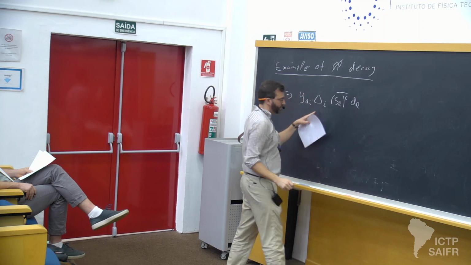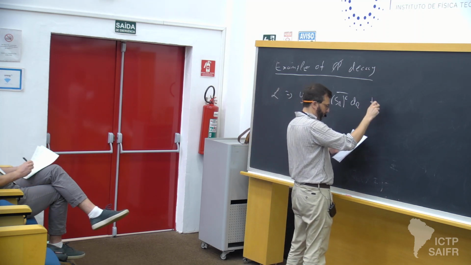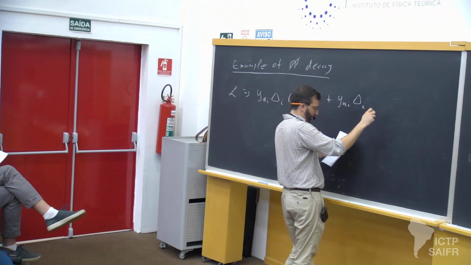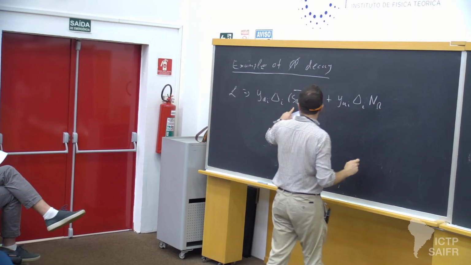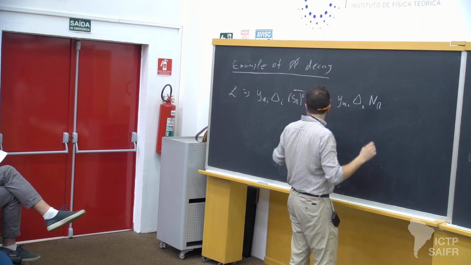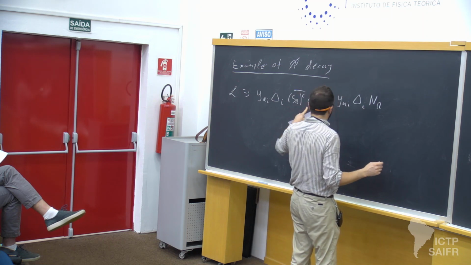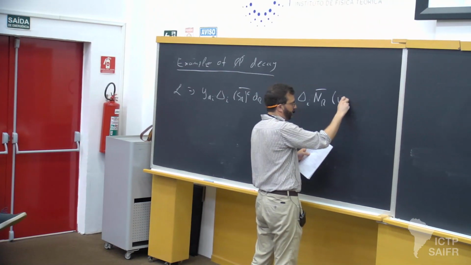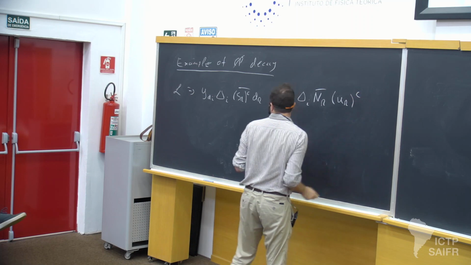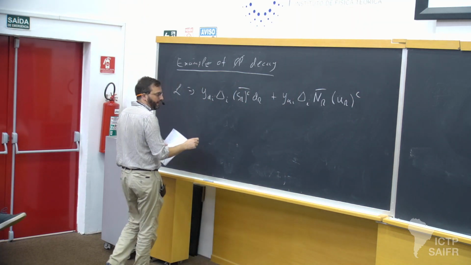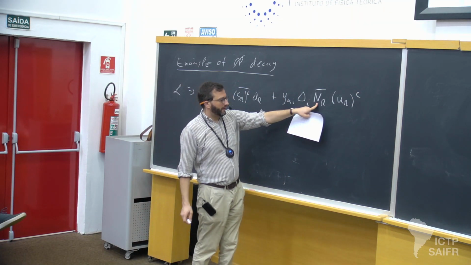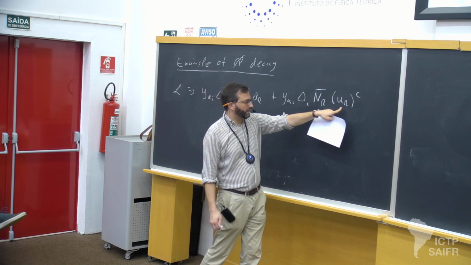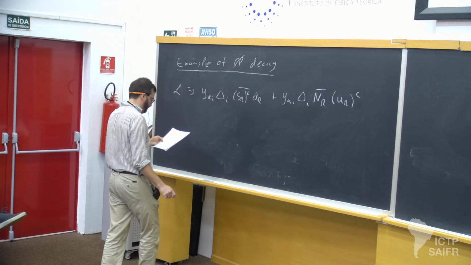We're going to have these scalars delta, which carry color charge, and we're going to couple them to down type quarks S and D. You can have different possibilities, but we're just going to consider S and D, and also to some neutral lepton, and the right-handed up quark.